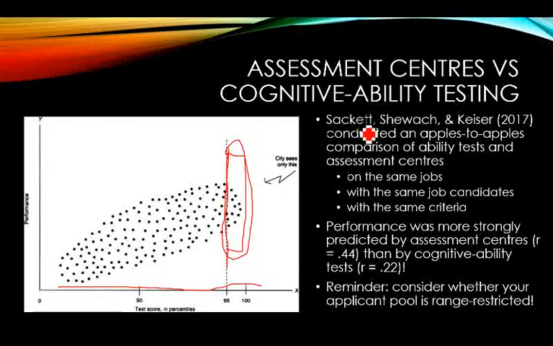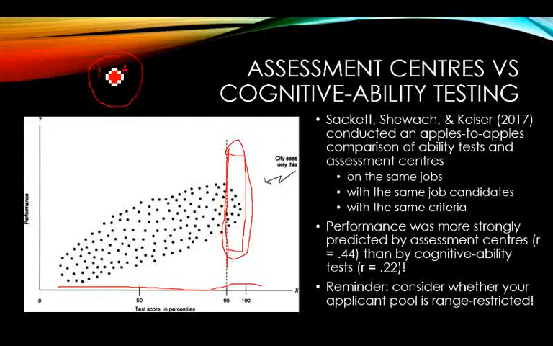So, in a recent paper by Paul Sackett and company, they conducted a rare apples-to-apples comparison of cognitive testing and assessment centers. What does that mean? It means that people applying for one job were given the cognitive ability test and the assessment center.